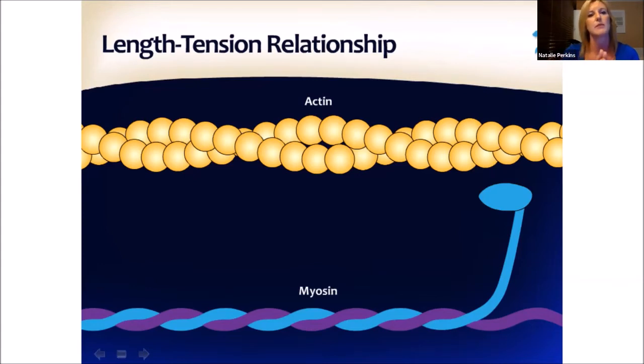But if your 10 men, half of them are holding the rope at arm's length, and the other half are holding the rope at their chest, hopefully you can appreciate that there's going to be a significant variance in the power that they can develop. And obviously they're going to lose the match. So when you're thinking about length-tension relationship, any muscle that is overly elongated or overly shortened can't develop as much power. And therefore it has to work much, much harder to achieve the same activity.